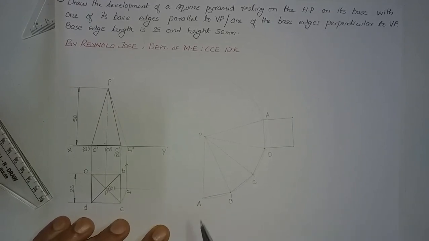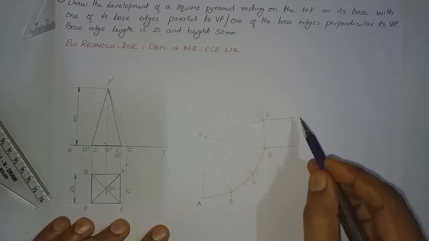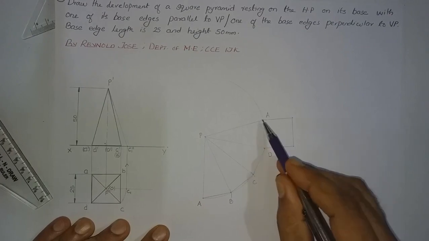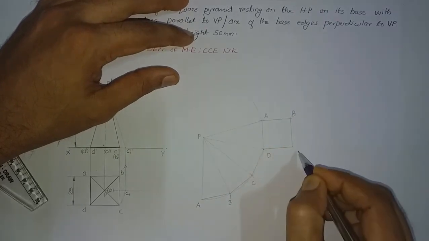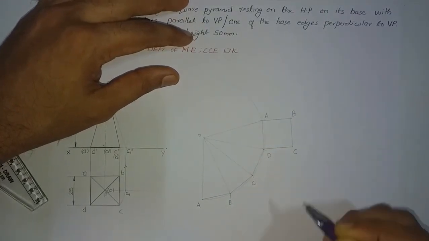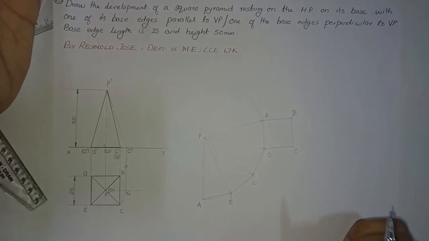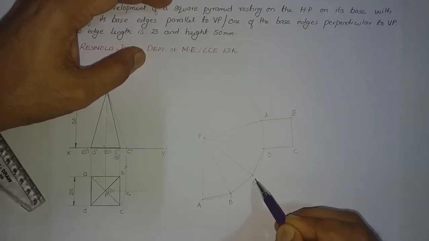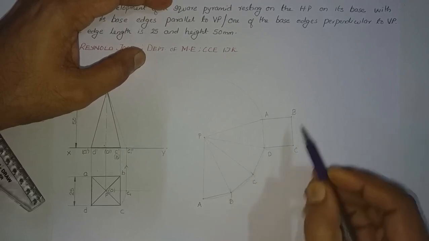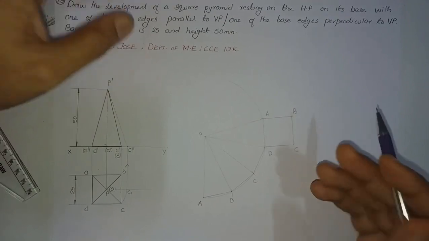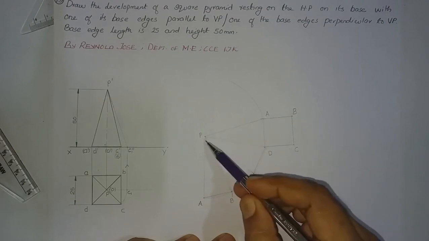Now let us name the base also. So here this is A, B, C, D, and this is again A. So what are the names of these 2 points? If this is A, this point will be named as B, and this point will be named as C, because when we are doing the reverse of this process, this point will be joining each other, and this point B will be joining this point B. And again when we are folding it in the reverse manner, this is slanting edge PA and this is also slanting edge PA.